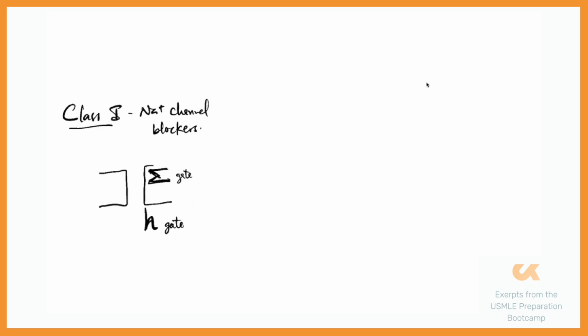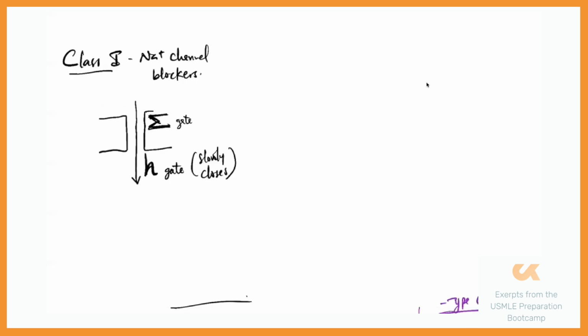The active phase is when both the M gate and the H gate are open, and sodium is free to move across that channel. The H gate, though, is going to slowly close. This first diagram illustrates the active state of the sodium channel.